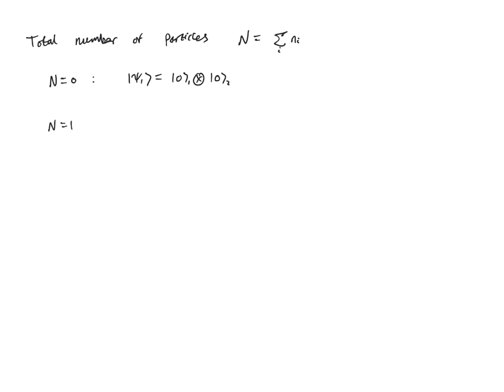If I have a look in the single particle sector, then I actually have two states, psi2 and psi3, as I called them, where I have one particle in the system, and it's either in orbital 1 or orbital 2.